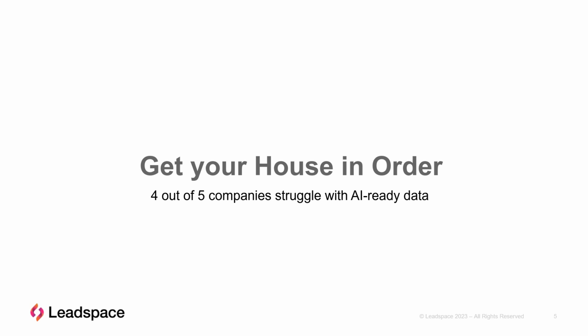So the first thing is that in different research we've done and Forrester's done, typically about 4 out of 5 companies say that they're struggling with getting their data AI ready. And so that's all the different aspects that you deal with data, which is you've got different data sources. You've got different data schema. In other words, the data that you have in your sales system, your CRM system, might be different from your marketing automation system.